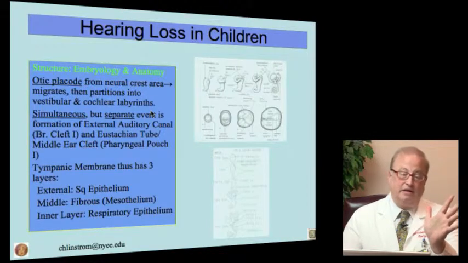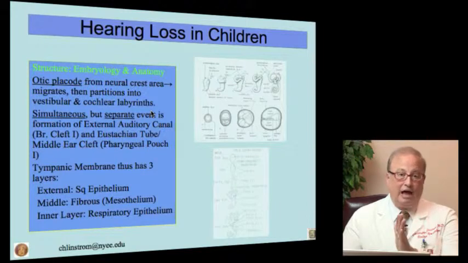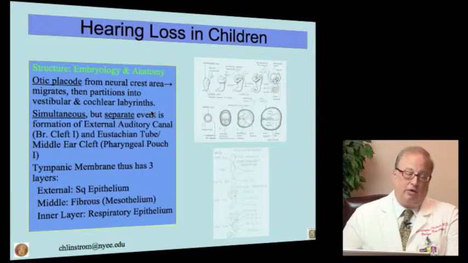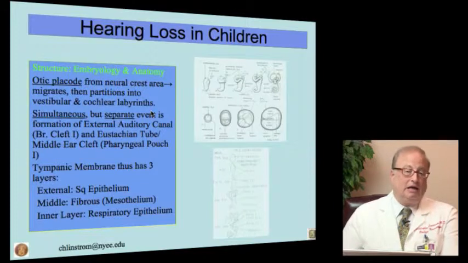That means the external auditory canal up to the lateral surface of the drum. The middle surface will be mesothelium, so that's sort of the middle part of a sandwich, and the middle ear cleft will be lined by respiratory epithelium. The ossicular chain comes from the first pharyngeal pouch, and they are arch derivatives as well. One would be malleus, two would be part of incus and stapes.